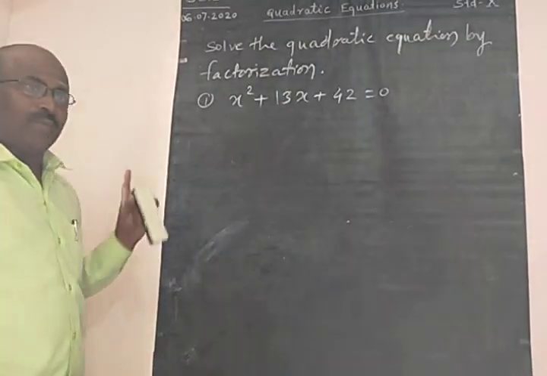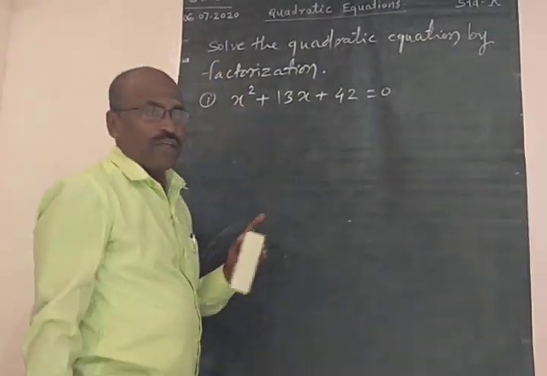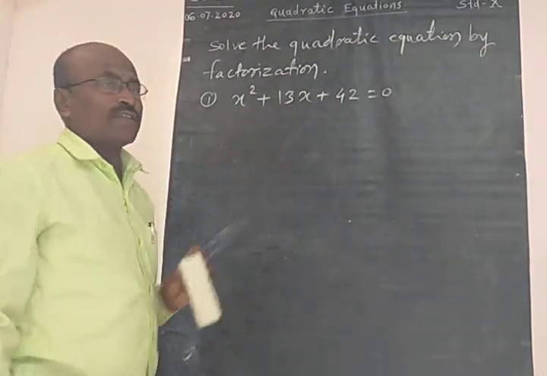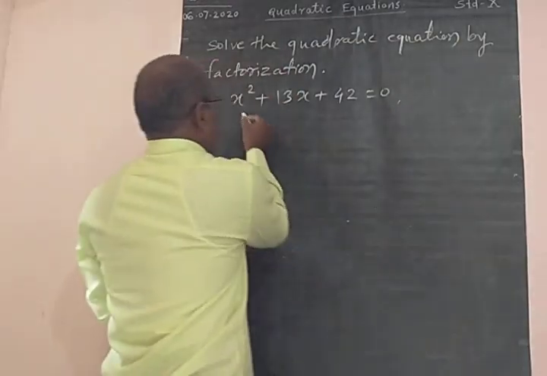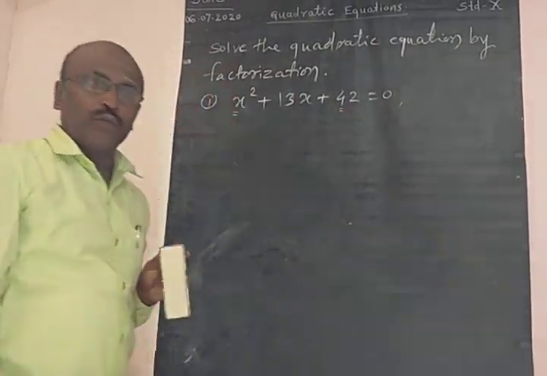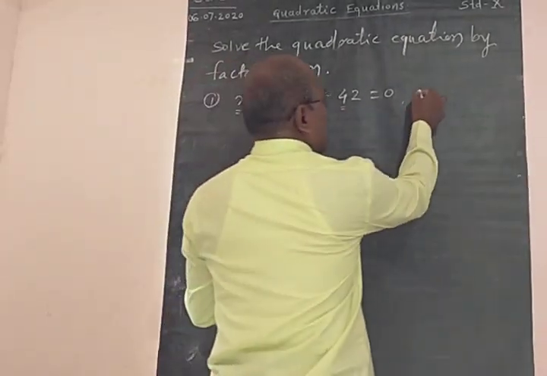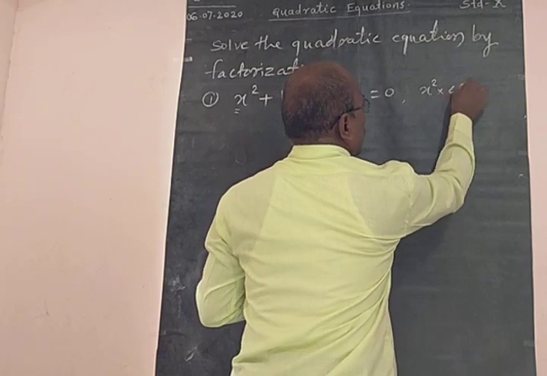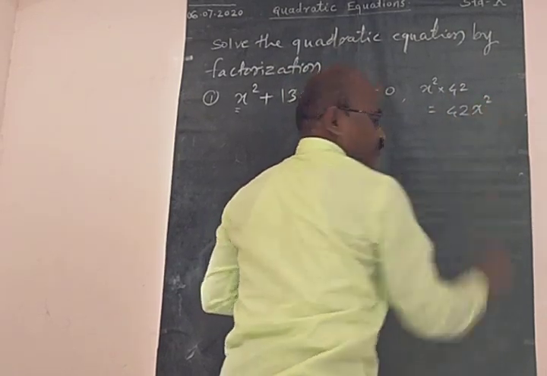By using that method, here we have to find the factors of the LHS, that is x square plus 13x plus 42. For that we have to take the first term x square and the last term 42. That means find the product of these two terms, that is x square into 42. We will get 42x square.